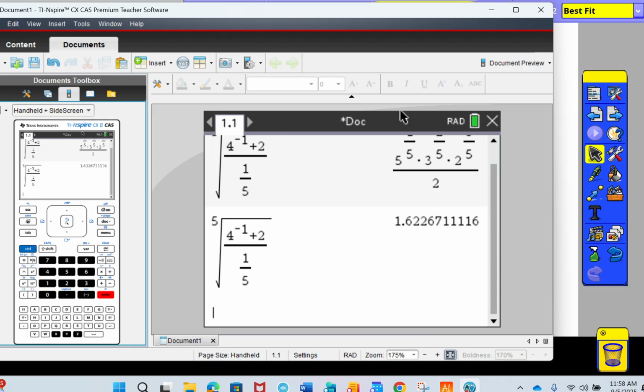It's the same thing. I usually like to type it in with the fraction, and then it looks like my problem. So I got that crazy answer first, and I did control enter, and I got 1.623. A couple people had some numbers in just different spots. It didn't look right, but we got it fixed.